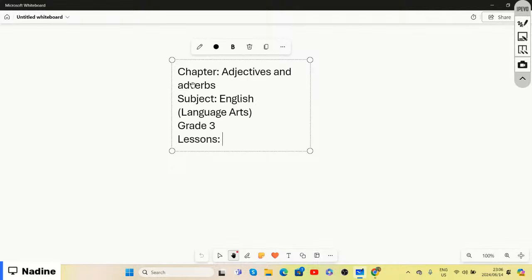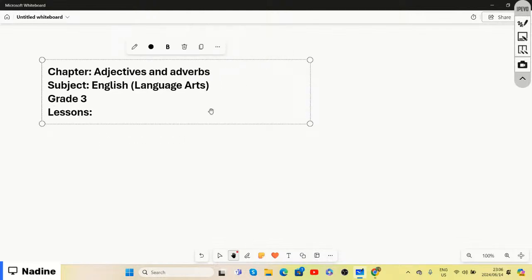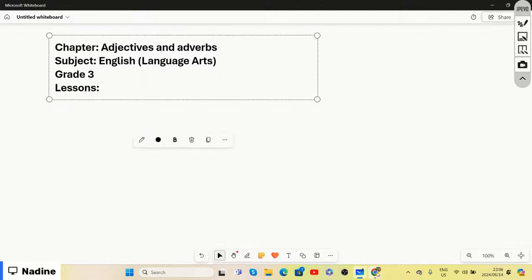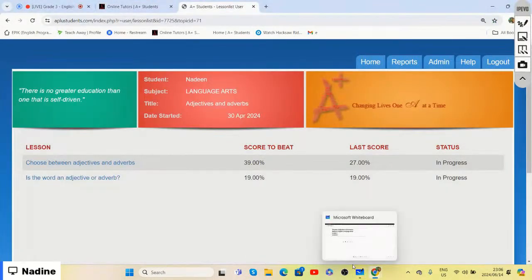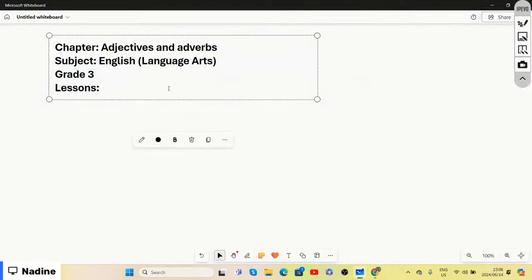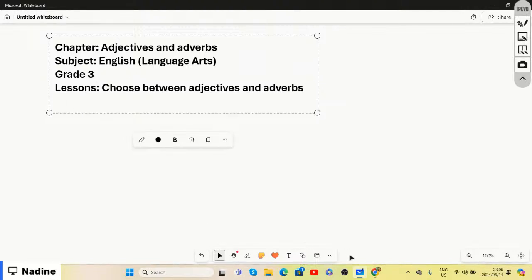And in the lessons that we are going to be doing today, under the chapter of adjectives and adverbs, is to choose between adjectives and adverbs, and the other lesson will be, is the word an adjective or an adverb? So that is going to be our lessons for today.